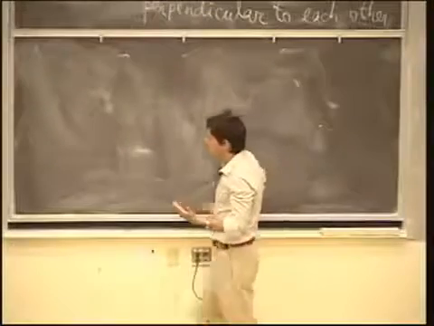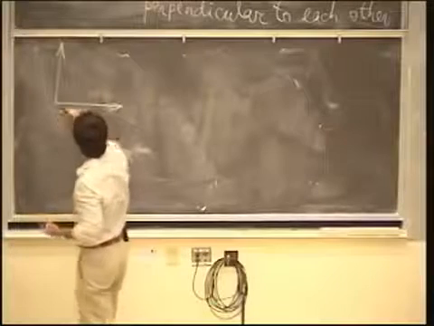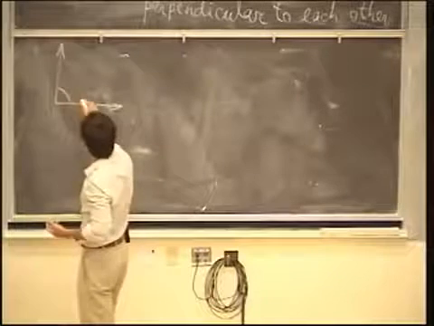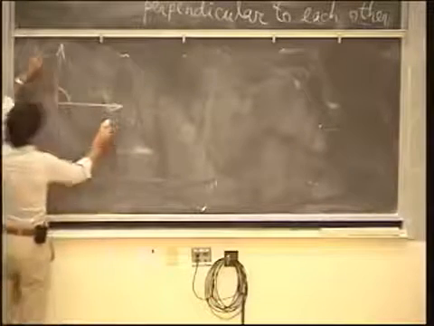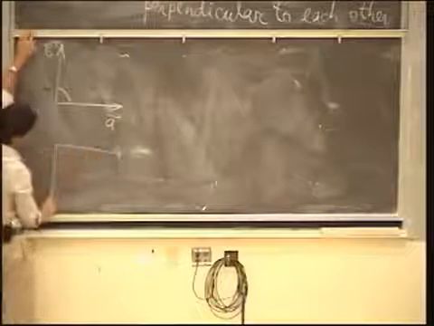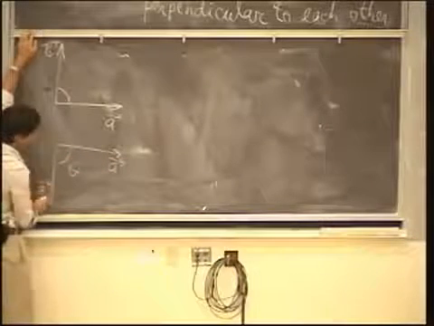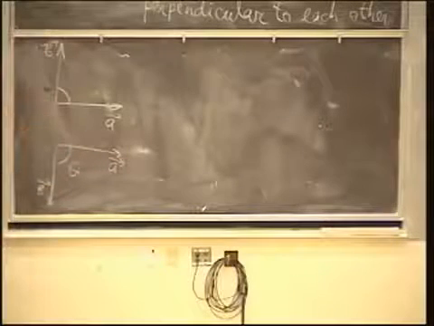When I say perpendicular, I mean that the angle between them is 90 degrees. But to say that the angle between them is 90 degrees, it means that they are either like this or like this. Right? It doesn't matter. In both cases, they are perpendicular.